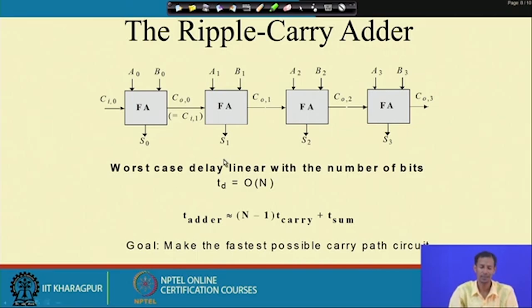A 4 bit adder means I have A and B, each of 4 bit.